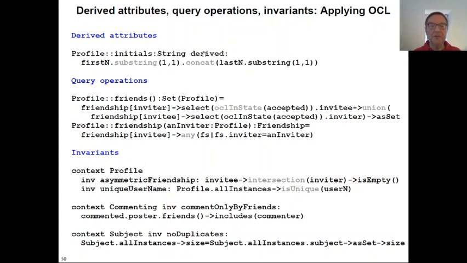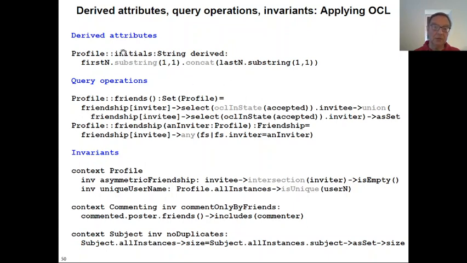There are also derived associations. A derived attribute is an attribute that is not explicitly stored; when you use the attribute name, the attribute value will be calculated by means of an OCL expression.